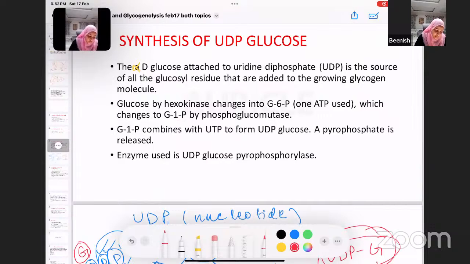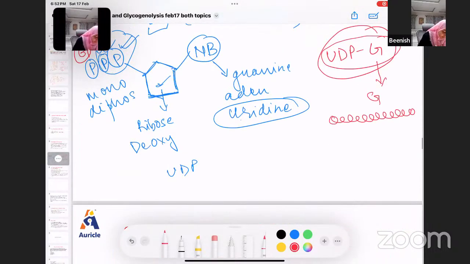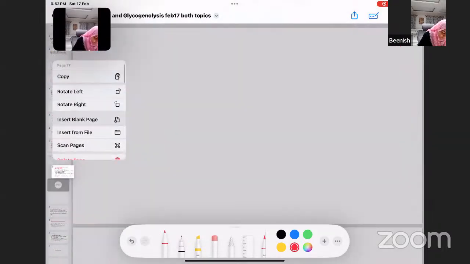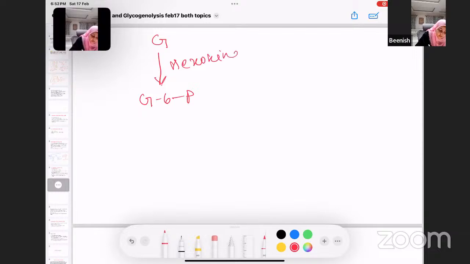Now, glucose by hexokinase changes into glucose 6-phosphate, which changes to glucose 1-phosphate by phosphoglucomutase. So your glucose changes into glucose 6-phosphate. This is brought about by the enzyme hexokinase. One ATP is used in this reaction.